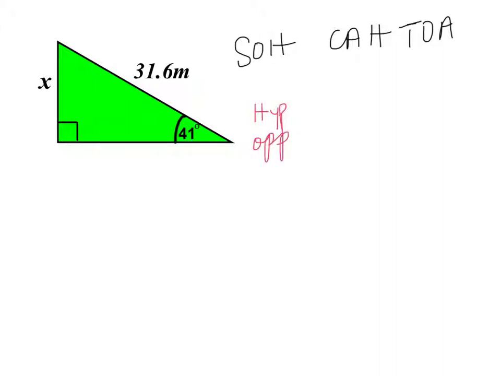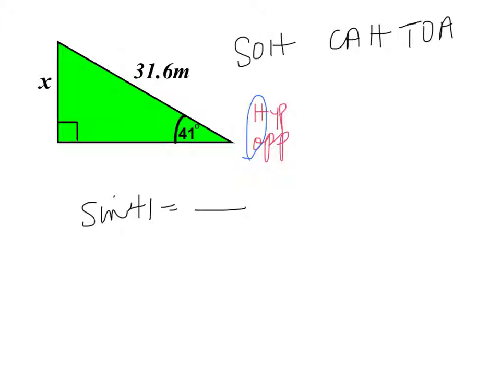So which one of these has an O and H? If you notice, sine is opposite over hypotenuse. So I'm using sine. So the sine of 41 degrees is equal to, now just because I wrote hypotenuse first and opposite, this is the ratio, opposite over the hypotenuse.